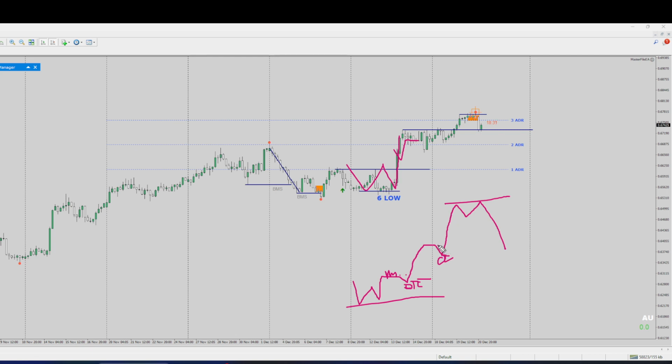Obviously you want to wait for break of structure, but oftentimes you can get in pretty early at the bottom of the V, or sometimes it also looks like a little W down there, right? That's what you want to do. Nonetheless, it's kind of hard to see, but this is definitely a V, and this almost looks like a V. So this could almost be both of the V's right here, and then we're counting this gigantic one.